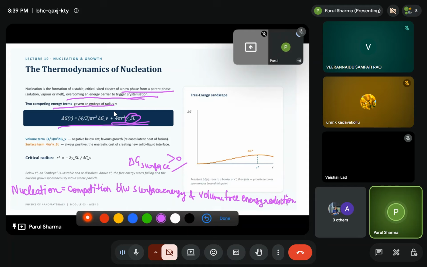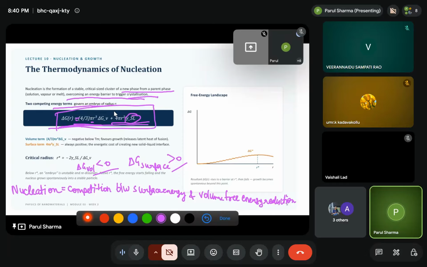Now at the same time, forming the new stable phase can lower the bulk Gibbs free energy. So for a supersaturated system, delta G volume is less than 0. For a spherical nucleus, the volume term is 4 by 3 pi r cube delta GV, so it is proportional to minus r cube. Now the total Gibbs free energy is given by this. Since delta GV is less than 0, we can write the minus sign.